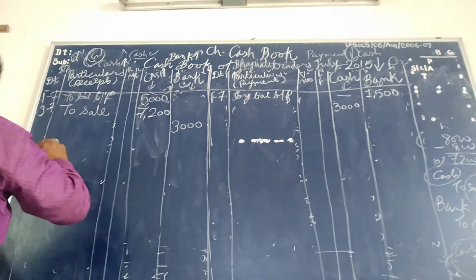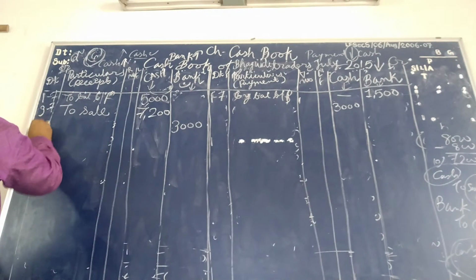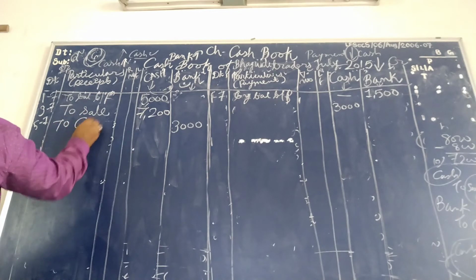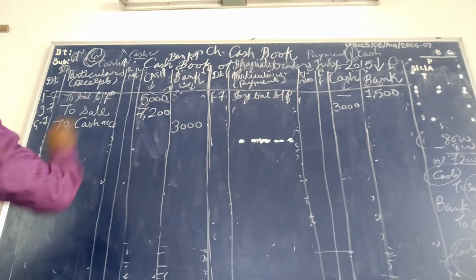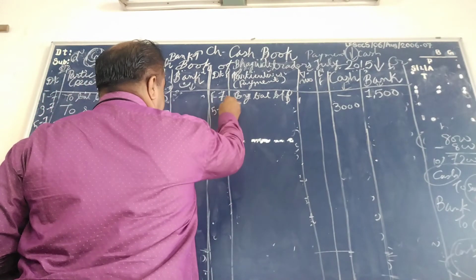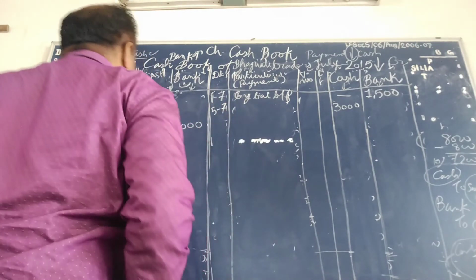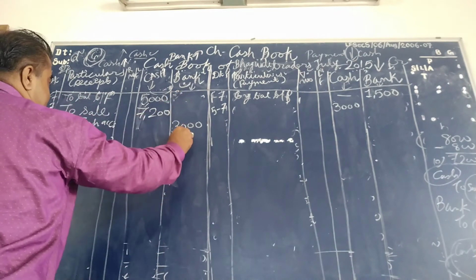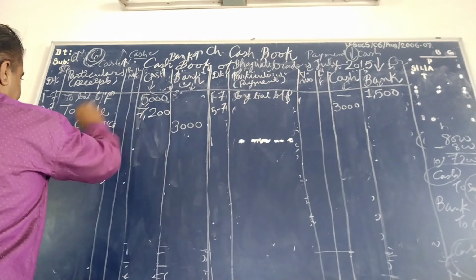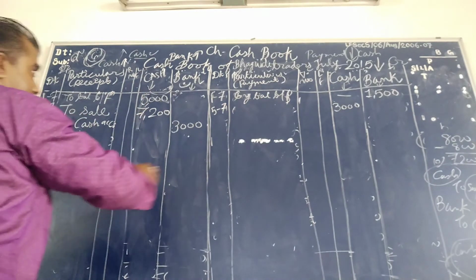So we write here on 5th July, to cash account, and here we write on 5th July.